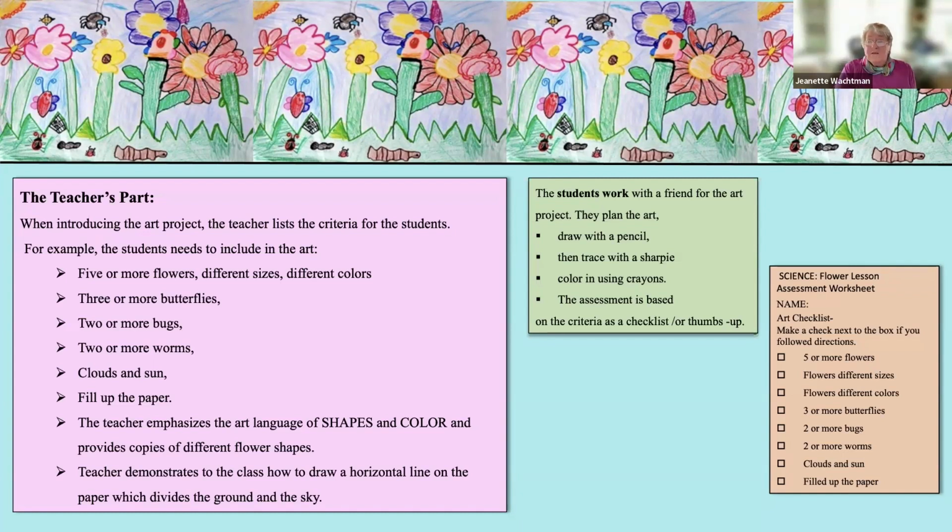Then, as the students are working, you've taken the criteria and placed it in a worksheet, a checklist. Now, I wish I had known about this idea when I first started teaching, because when I started giving students the checklist and they would be checking off all their steps, they were so proud of themselves.